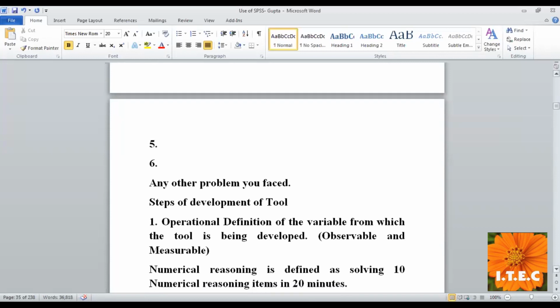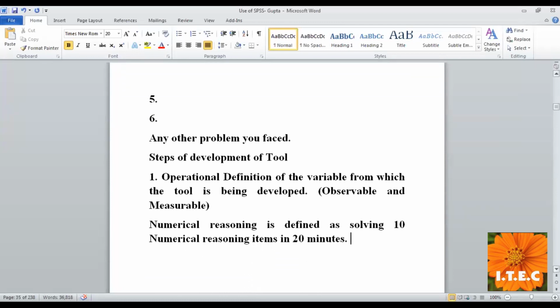So this is how I have defined that numerical reasoning refers to solving 10 numerical reasoning items in 20 minutes.